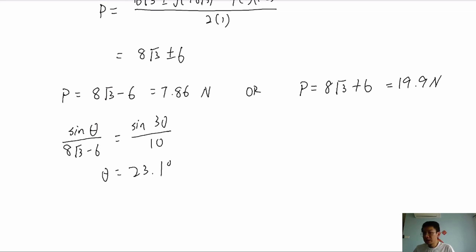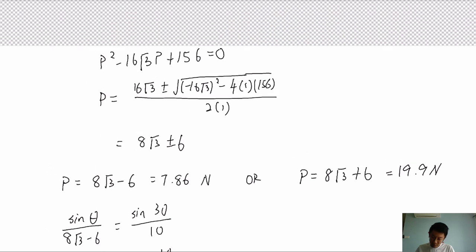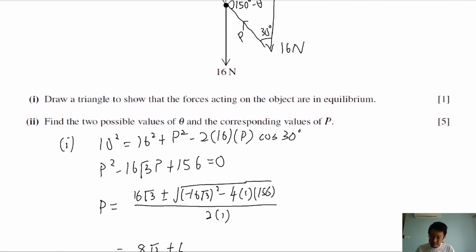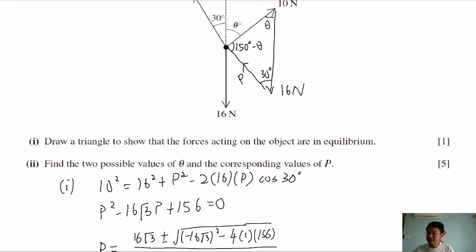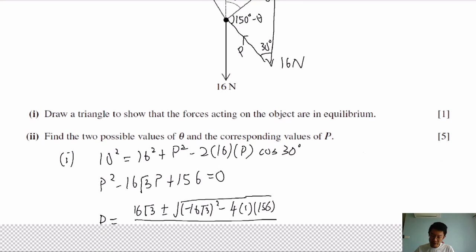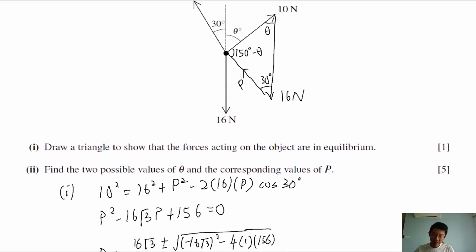Now let's look at the triangle that we have drawn just now. It is like this, right? Let's draw this triangle with the values of P and theta that we have found and see whether it is valid or not.